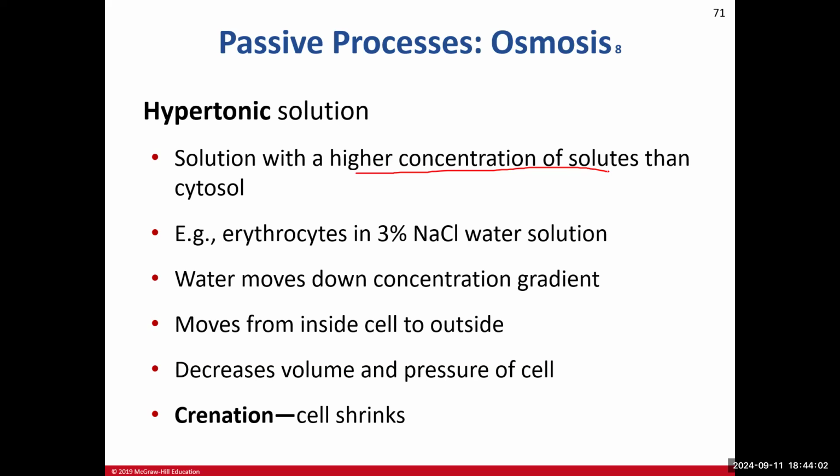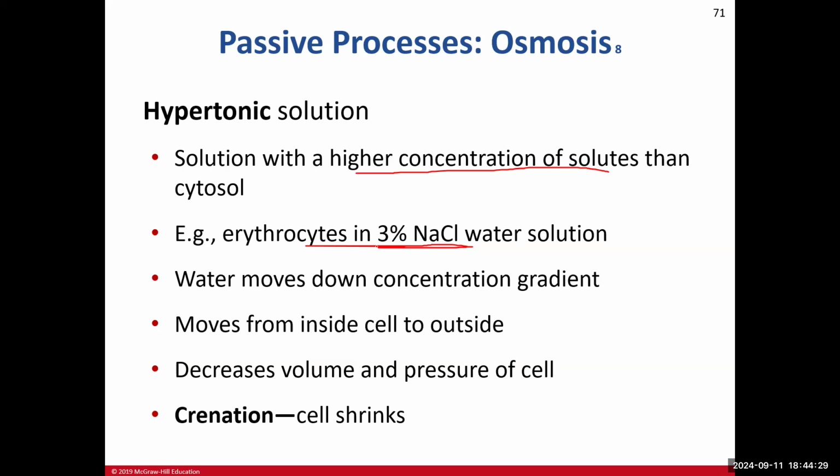It wants to go outside the cell because there's higher solute concentration, right? And that's what we're going to see. So when you put a red blood cell into a solution that has 3% sodium chloride, right, outside the cell is going to have a lot of solutes. So the water that's inside that red blood cell is going to leave the cell.